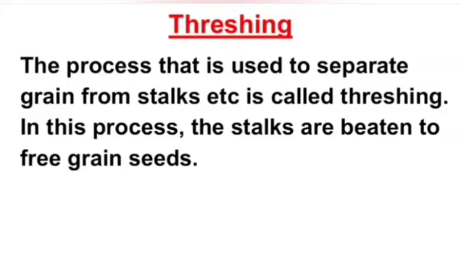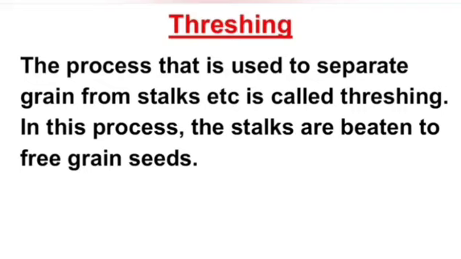Next method is threshing. Now, what is threshing? The process that is used to separate grain from stalks, etc. is called threshing. In this process, the stalks are beaten to free grain seeds.